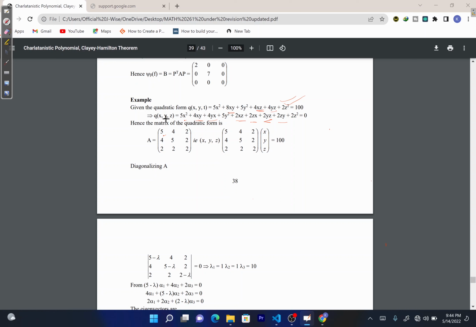So for xy, that's the element in row 1 column 2, that's 4. Row 2 column 1 is also 4.